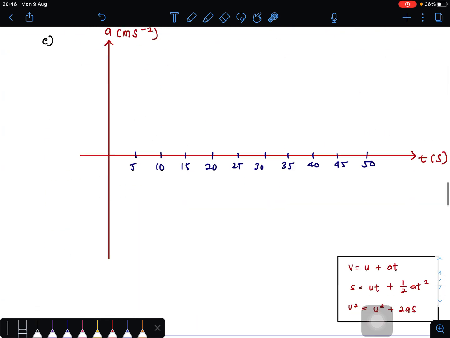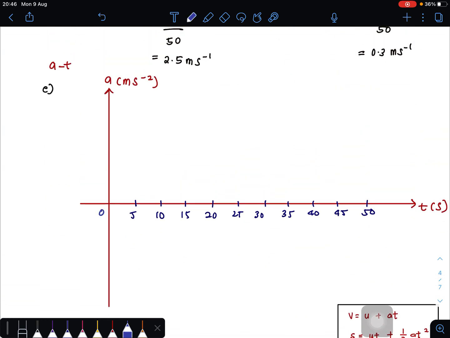Okay, so from second 0 to 5, the acceleration is 0.4 meter per second squared. So roughly around here is 0.4, here 0.2. So from 0 to 5 it is 0.4 constant. And then you will draw a dotted line. Make sure you use your own ruler. I don't have a ruler here.